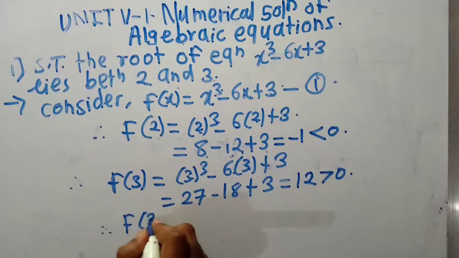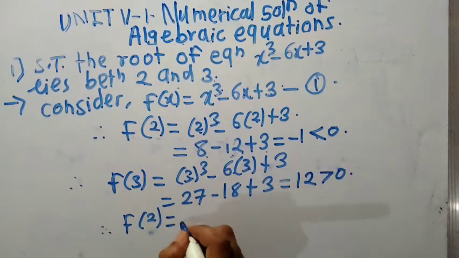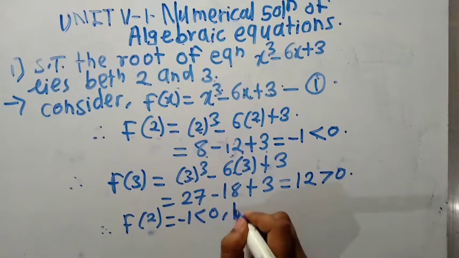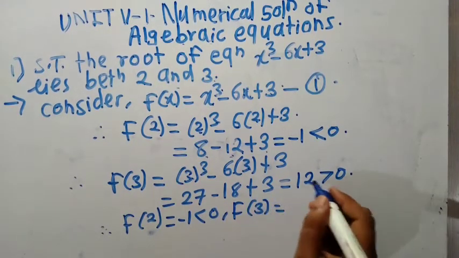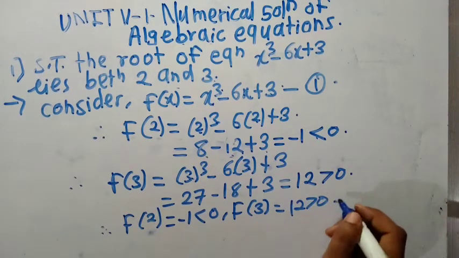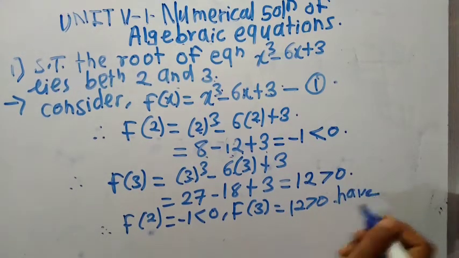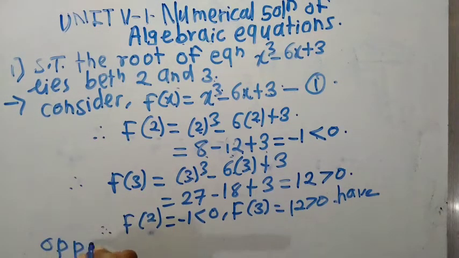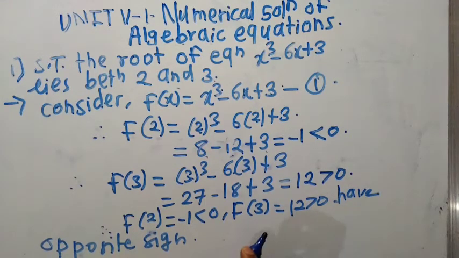Hence here f of 2 is equal to minus 1 less than 0, and f of 3 is equal to 12 is greater than 0. Have opposite sign. The signs of these two are opposite, less than and greater than.